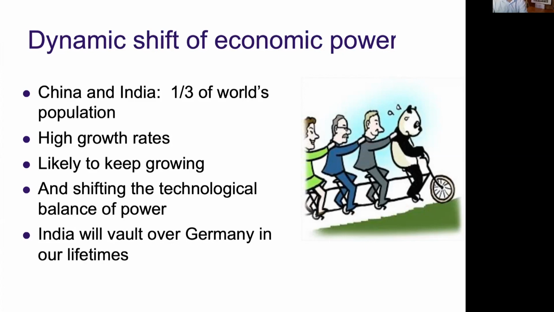If we look at this, we also observe that there is a shift of technology and technological balance of power, so to speak. For a very long time, we had development of new technologies within the West, including Japan, and then building things within countries like China and India.